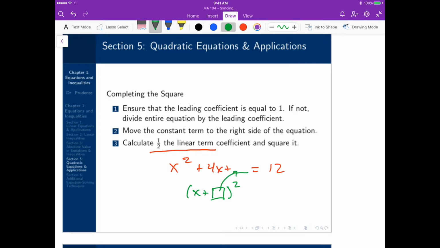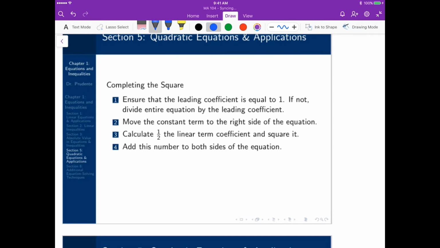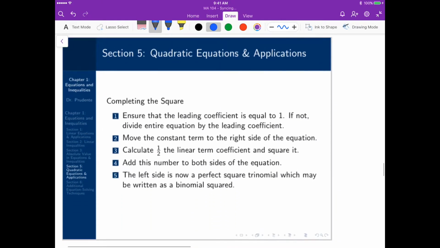How do we find what this value is? It turns out that this value in here is always 1/2 of that. So if this starts out as 4, the value that we can plug in here is 2, 1/2 of that. Once we take this square, we're going to add that to both sides of the equation.